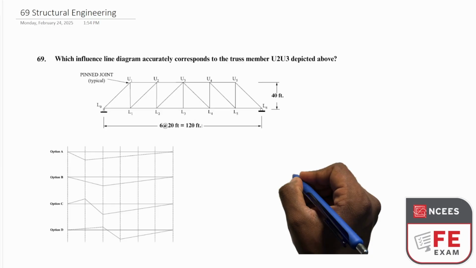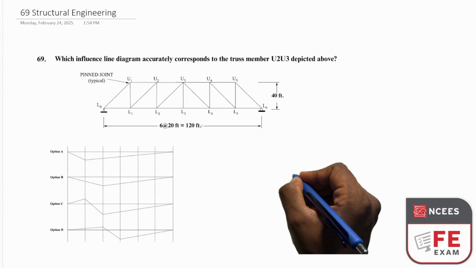Okay, it will be a small ramp, a descending ramp like this. So that is close to option A and option B as well. Option C and option D can be discarded because in both these options, the influence line is going in the ascending ramp, which is opposite of what we are looking at.